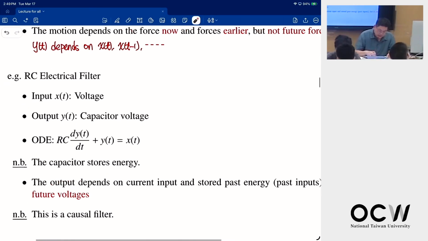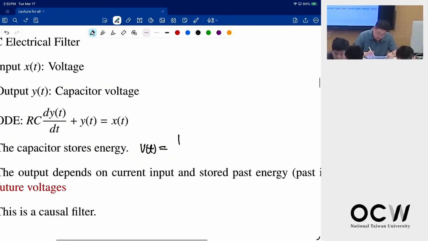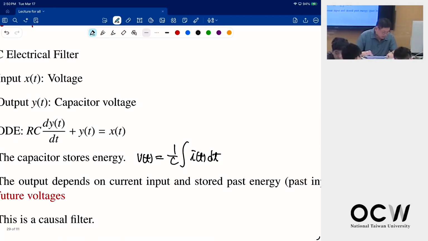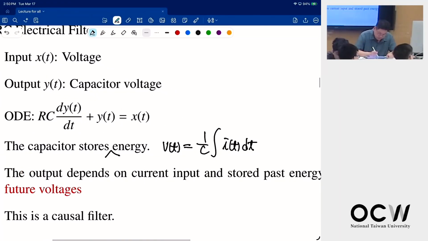For example, your voltage is 1 over C times the integral of i(t) dt. So it stores the past energy.